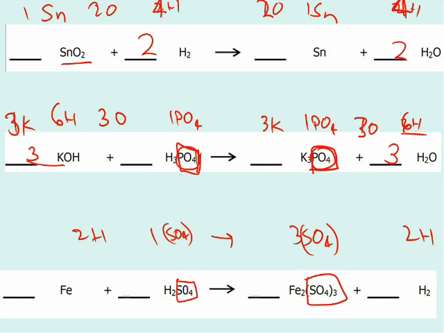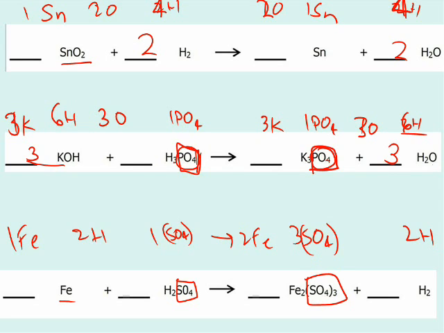Hydrogens look good, and 2 irons, and 1 iron here. Okay, now let's do the most complicated one first and keep the most simple for last. This is the simplest. We can use that. Now the hydrogens are balanced.